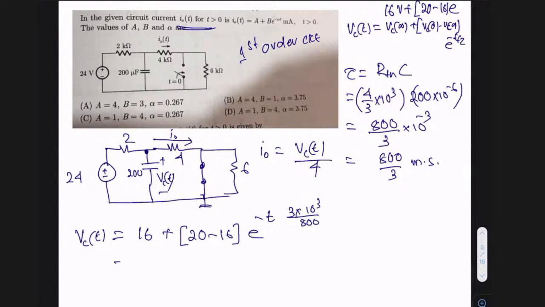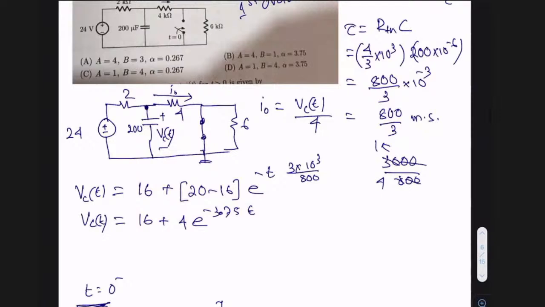So this is 16, and 20 minus 16 is 4 into e raised to power, so this is basically 3000 divided by 800. So 30 by 8 is 15 by 4, and 15 by 4 is 3.75. So minus 3.75 t. So this is your VCT.